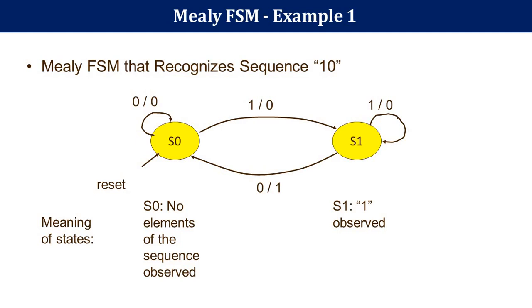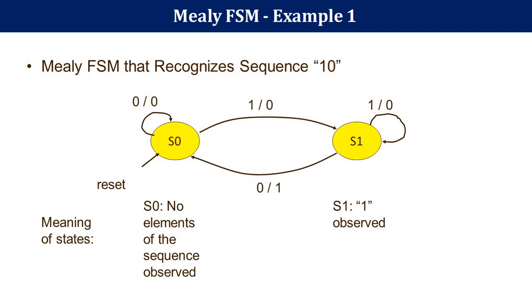Okay, and when a zero input of the sequence appears, it will wait at the same state, and when a one appears it will switch from S0 to S1, and at that time the output of that state is 0, meaning only one is detected.